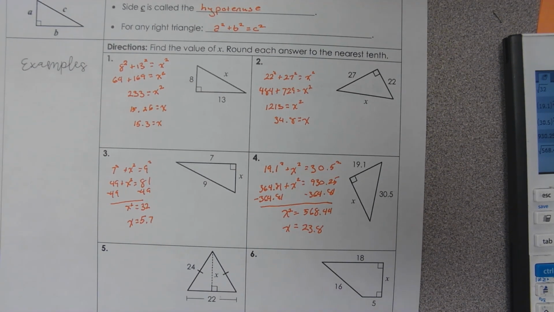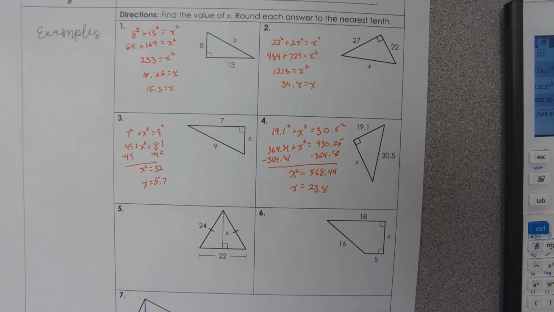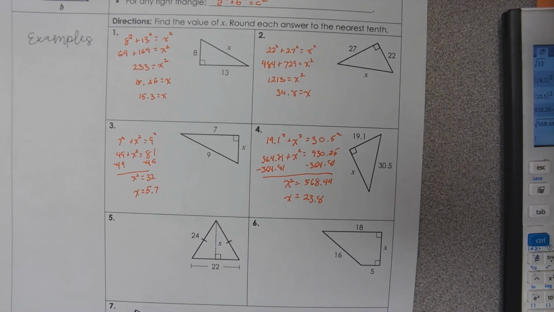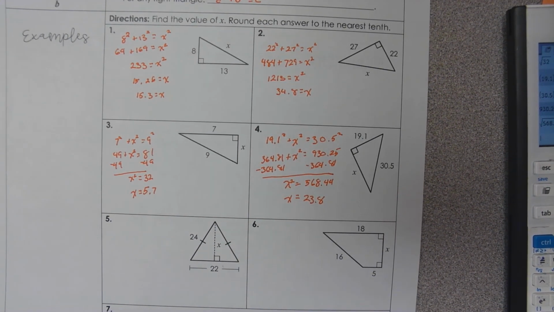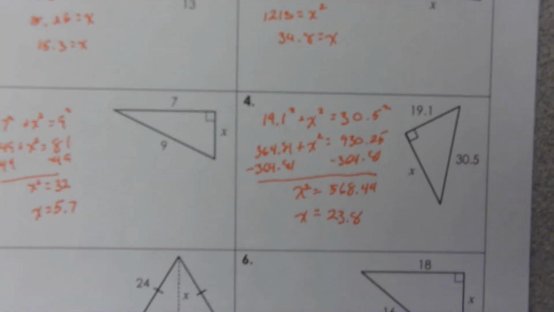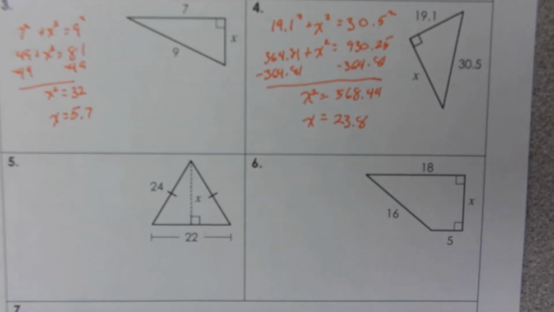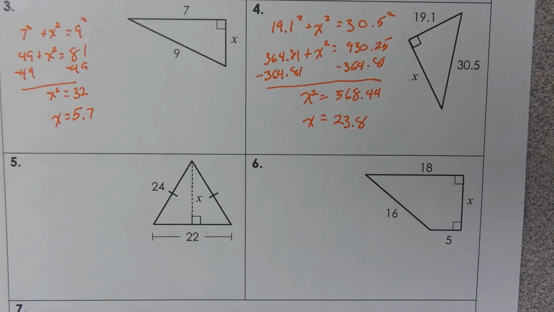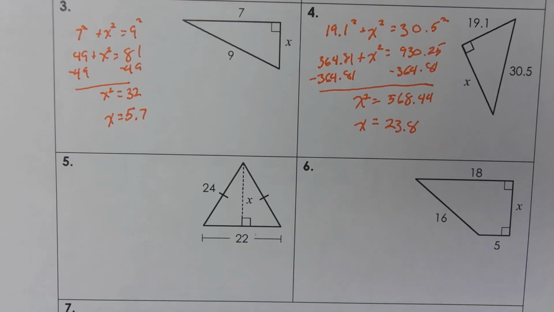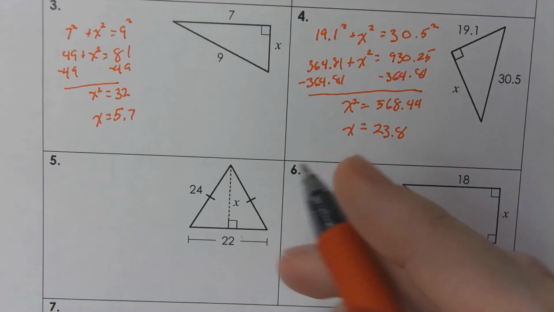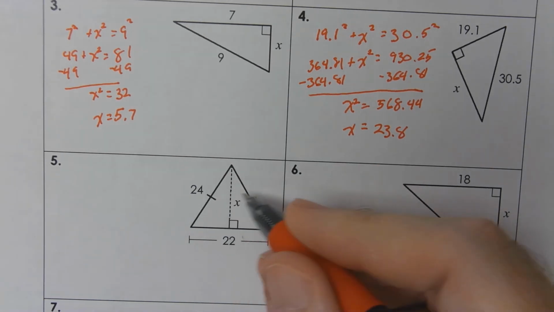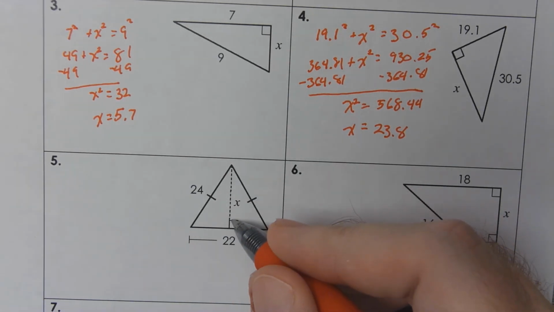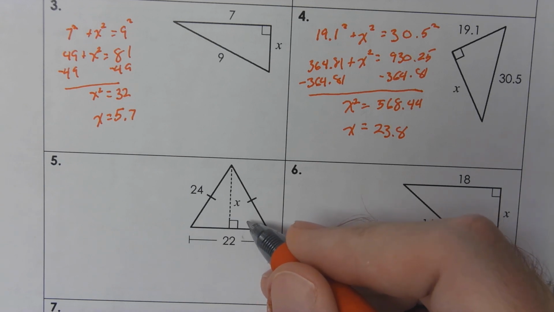Now, for these next couple, it's the same idea, it's just set up a little differently. We have an isosceles triangle. This comes down the middle and makes a 90 degree angle.